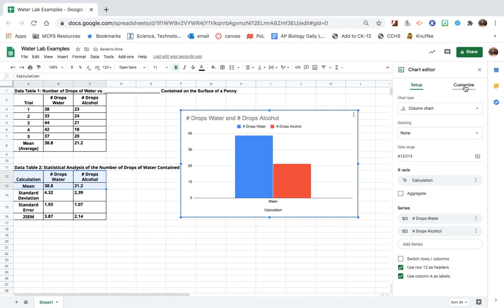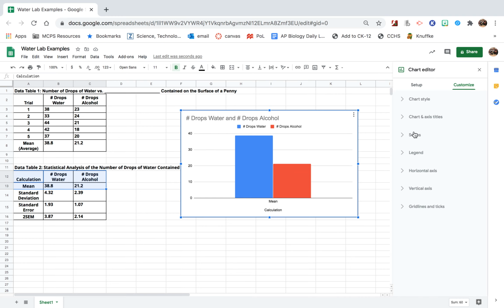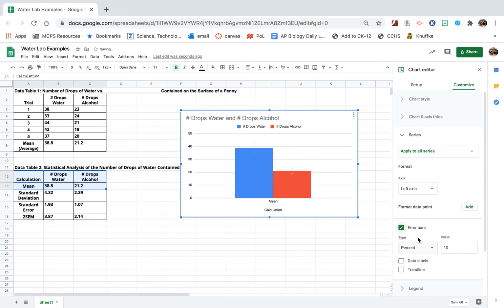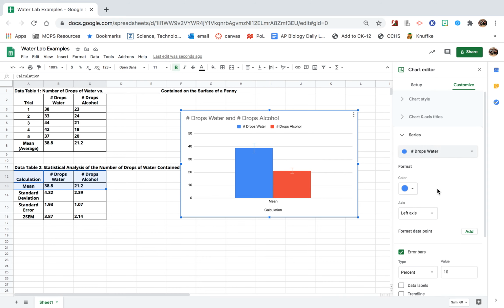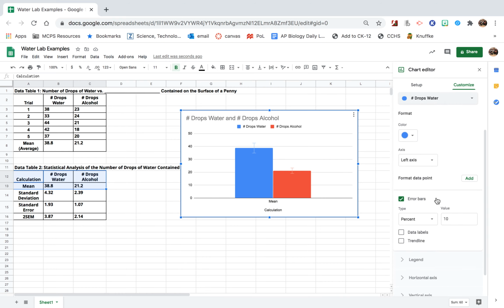I'm going over to Customize, I'm going to Series, and I'm going to use error bars. But I don't just want these standard 10% error bars that they're trying to get me to take. I'm going to enter my own because I did all these calculations, I want to see them. So on the drops of water, my error bar is going to be 3.87.